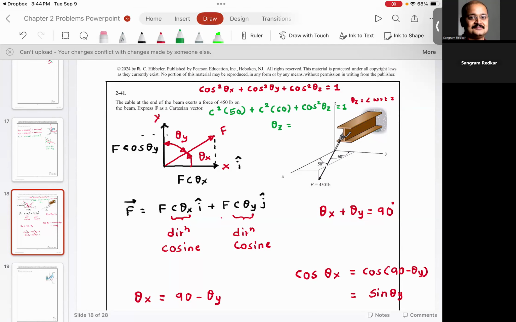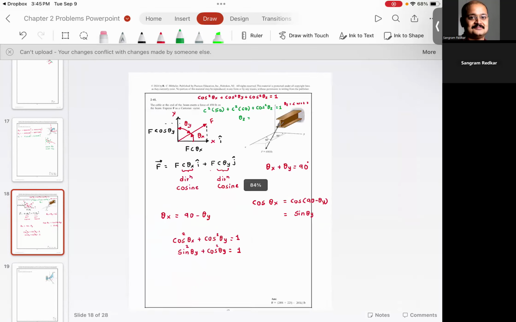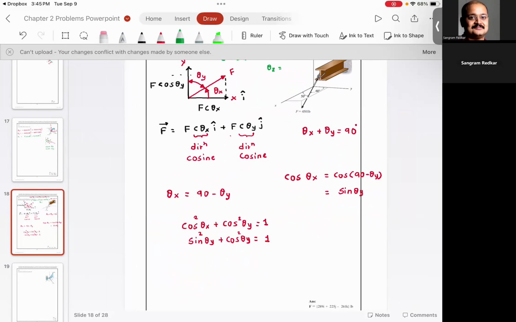Now, I have already solved this problem, so I want to get the answer from you. Once I know theta x, theta y, and theta z, if I want to express this force as a Cartesian vector, how can I express it? Correct.